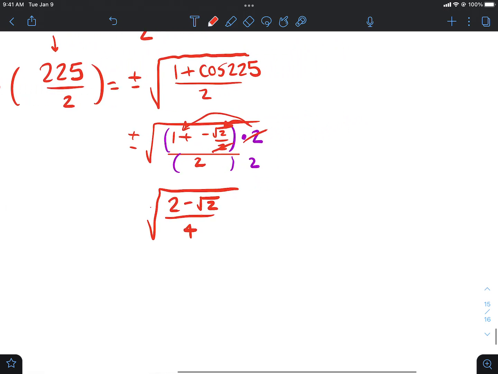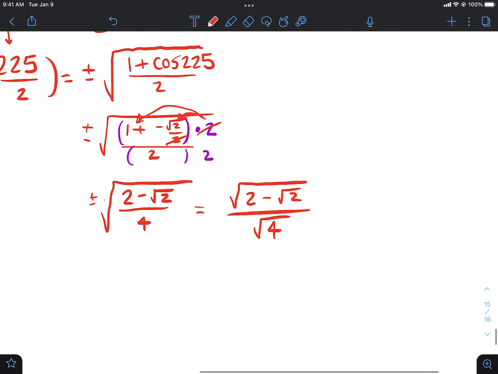To take it a step further, we are going to rewrite this as separate square roots, so you can take the square root of these individually. The square root of 4 is actually 2. I need my plus or minus here until the very end.